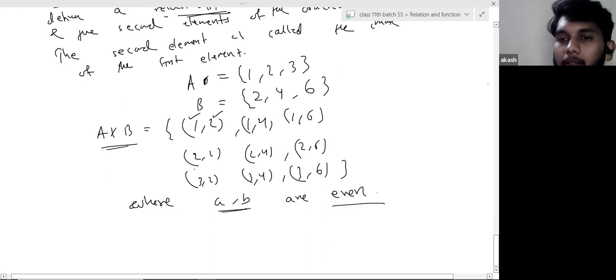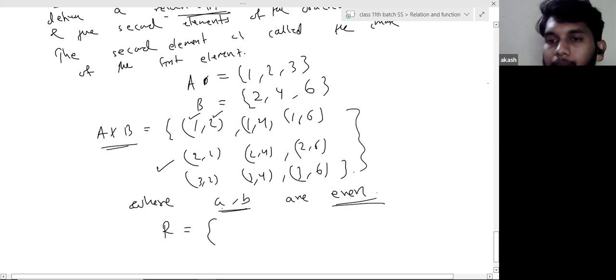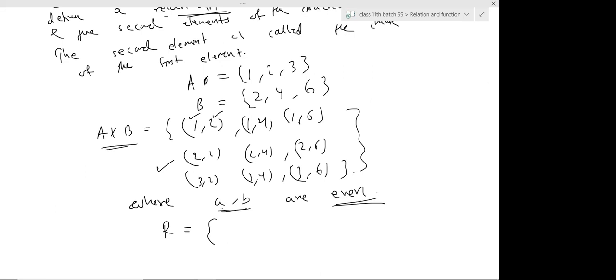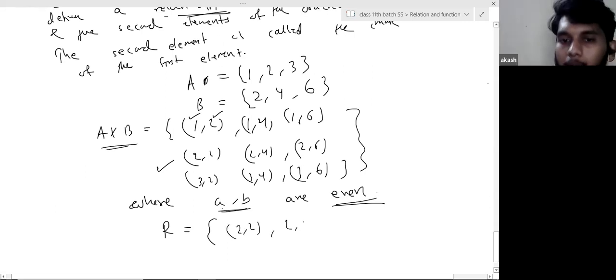What ordered pairs can we choose from A cross B? Yes, 2, 2, 2, 4, and 2, 6, right?